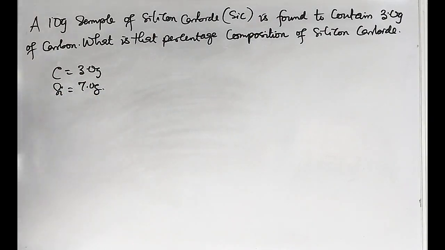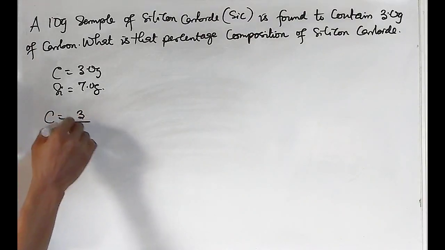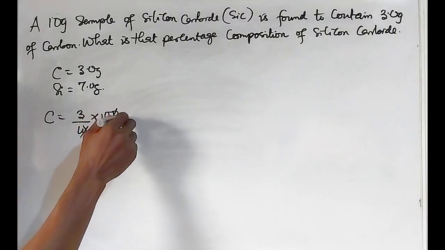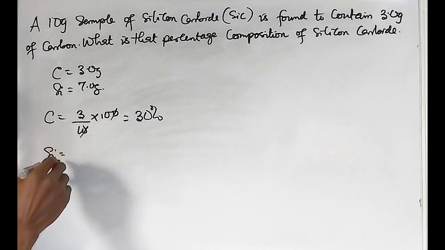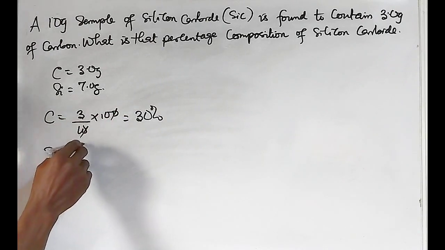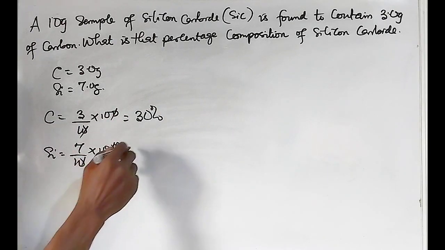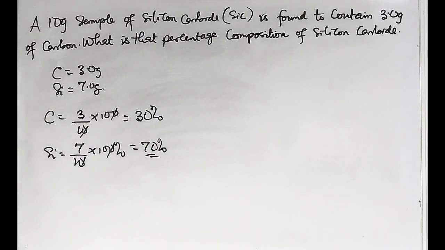Okay, all right, for us to find the composition here, for carbon we have 3 all over 10 times 100, and this will give us 30%. And silicon, here we have 7 over 10 times 100%. Cancel one of the 0, we have 70%. Okay, right, let us now move to the last question.